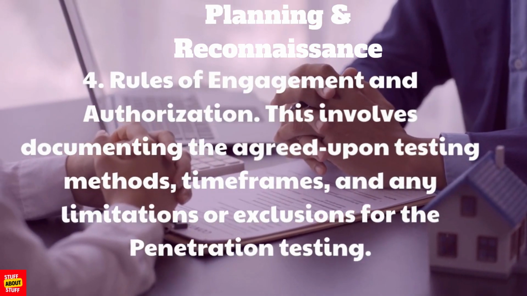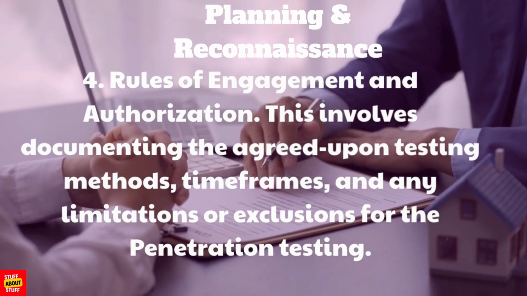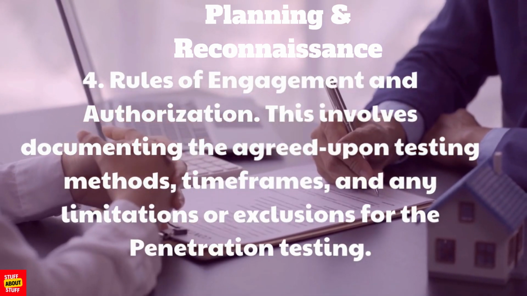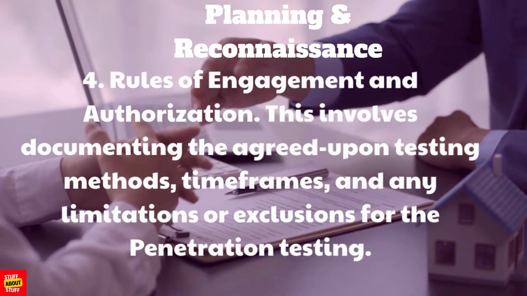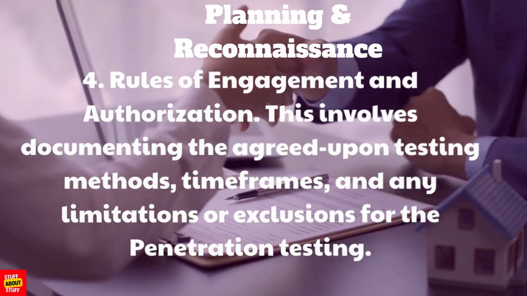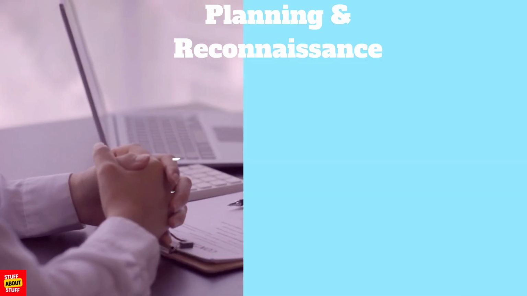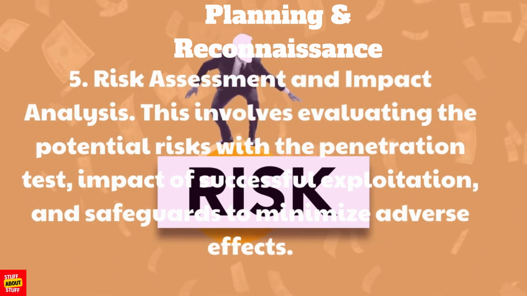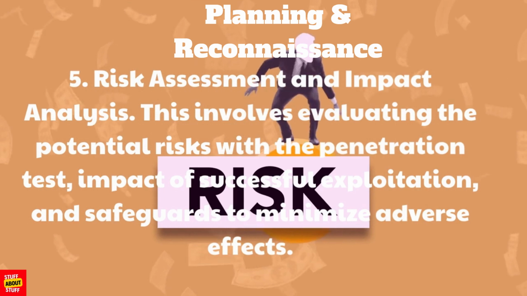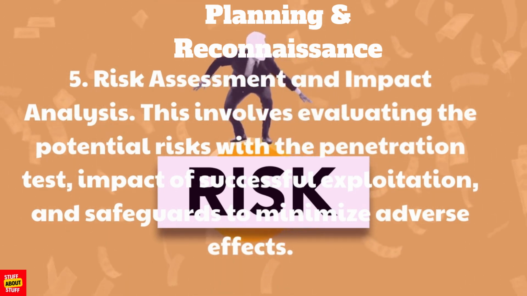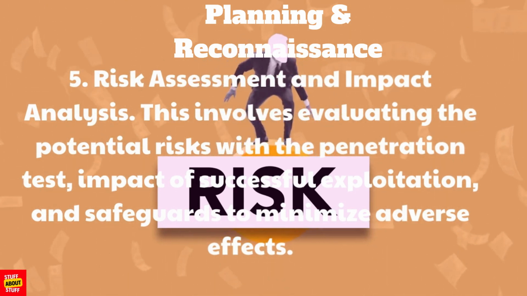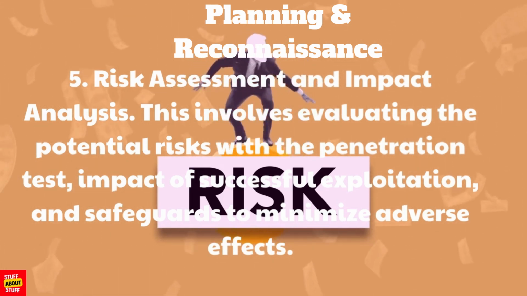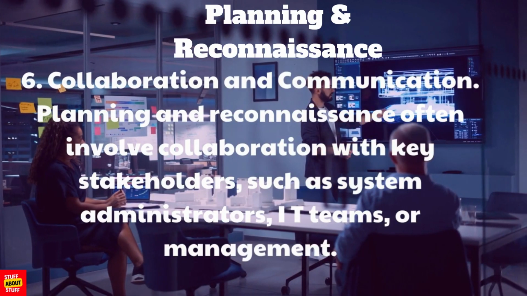4. Rules of engagement and authorization. This involves documenting the agreed upon testing methods, timeframes, and any limitations or exclusions for the penetration testing. 5. Risk assessment and impact analysis. This involves evaluating the potential risks with the penetration test, impact of successful exploitation, and safeguards to minimize adverse effects. 6.